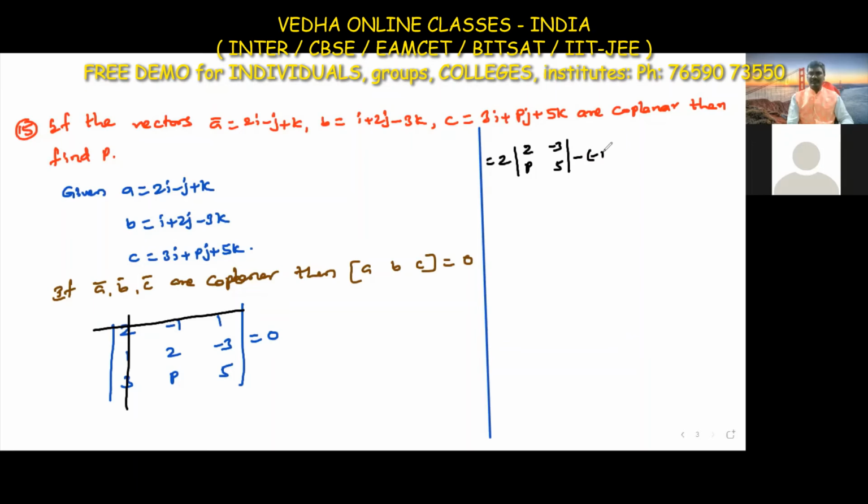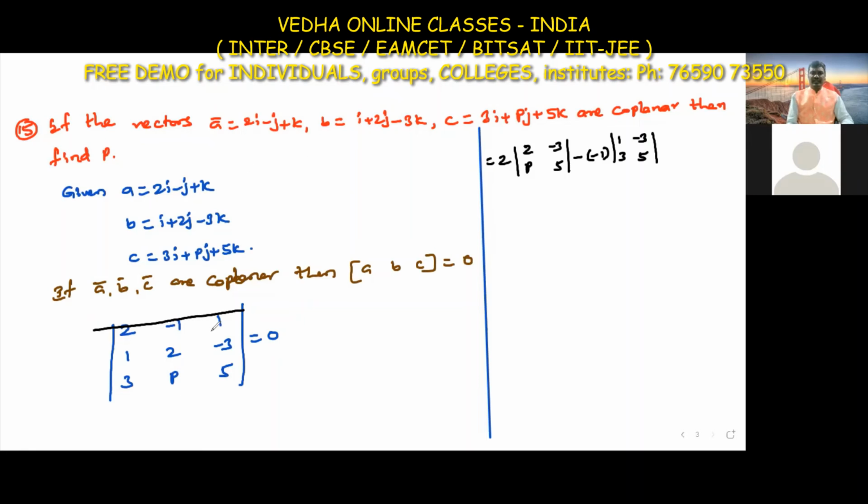Minus of minus 1 for the second element, take minus. Whatever element you are taking, close that row and column also. Then 1, minus 3, 3, 5.